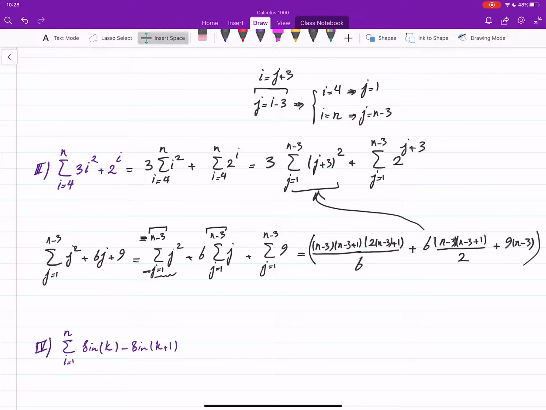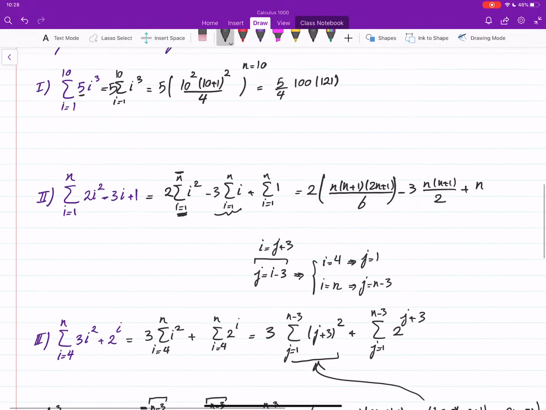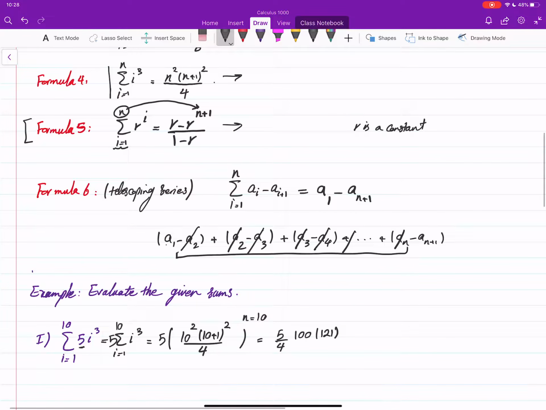How about the other one? Okay, so let's see the other one. The other one is a sum of 2 to the power j plus 3, j goes from 1 to n minus 3. The geometric series, remember that. Geometric series goes from 1 to n.